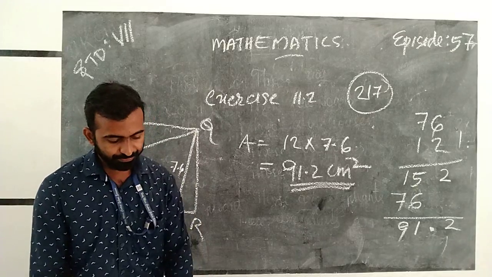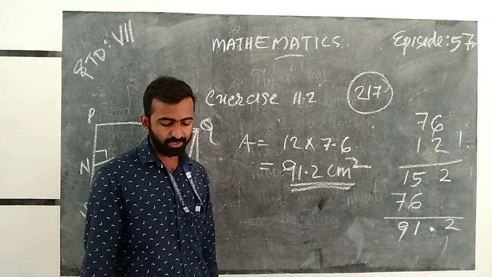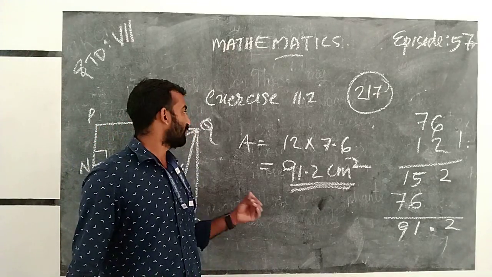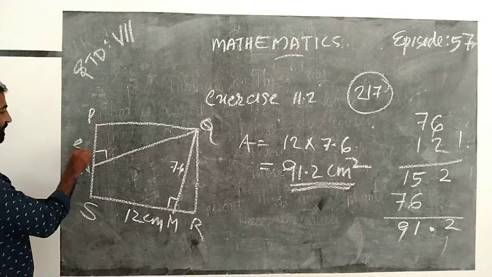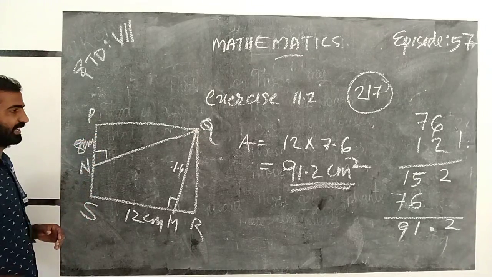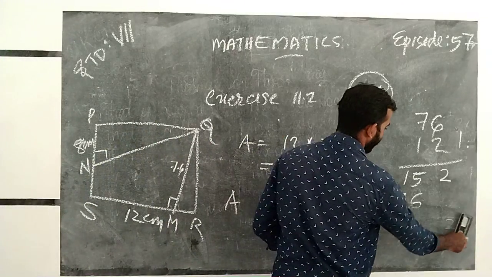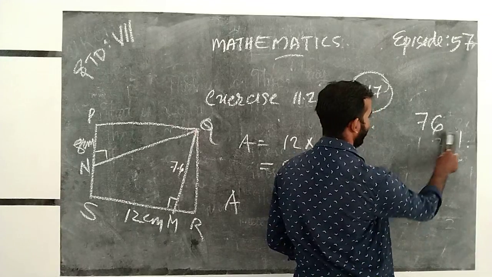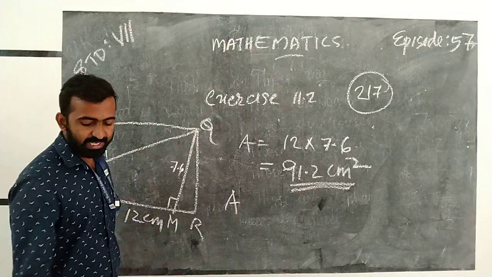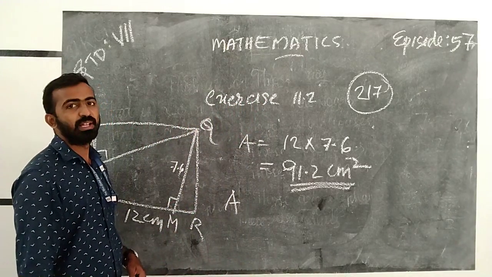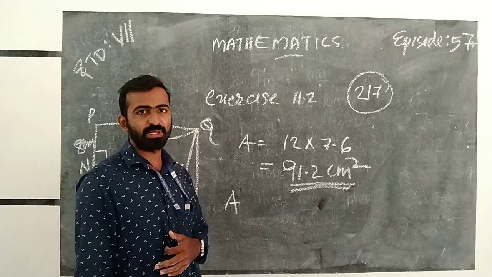And the second question: if PS equals 8 centimeter, we want to find QN. We already know that the area is 91.2 centimeters square.